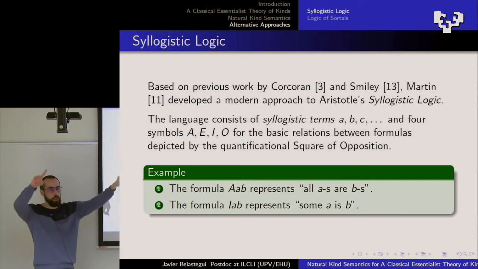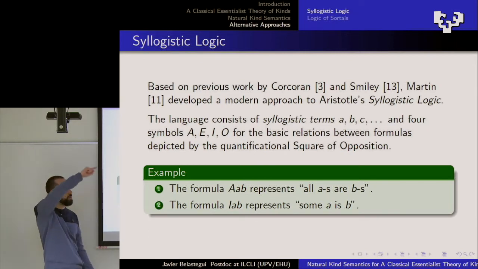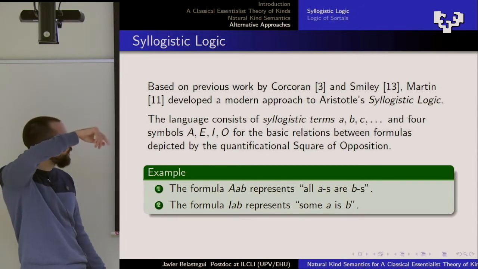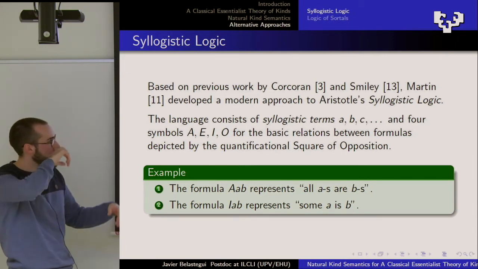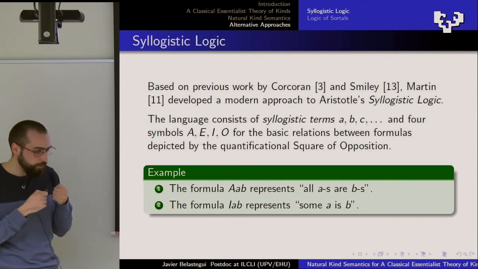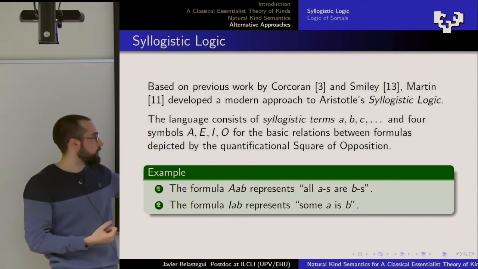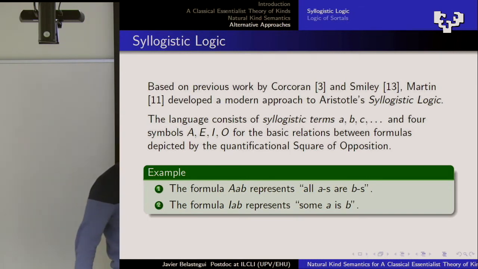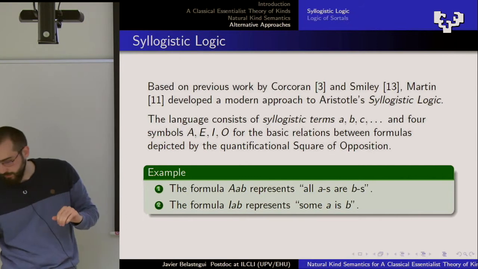If you recall the Aristotelian square of opposition, A, E, I, O, you get these relations between propositions, and this is what is preserved by the logic. So big I, little b represents some A is B.